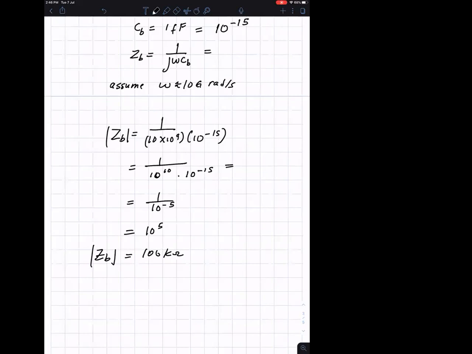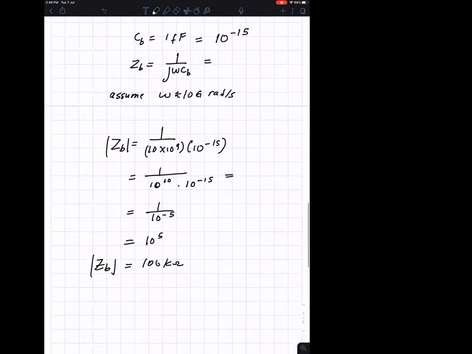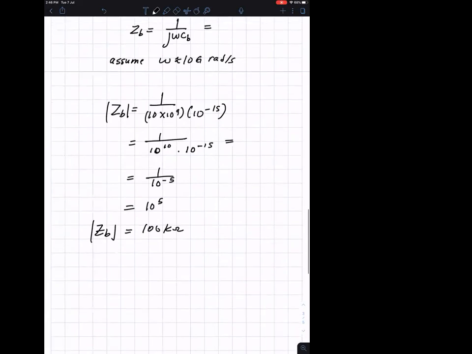It's big, because usually RF signals are very small, in millivolts, a fraction of millivolts. So let's say you have 1 millivolt divided by 100 kilo ohms, how much is that?